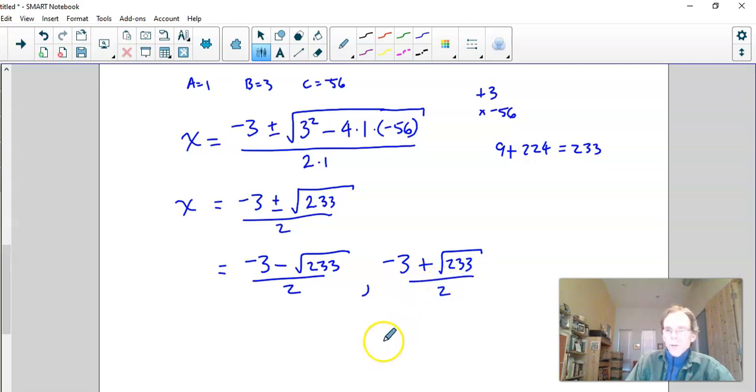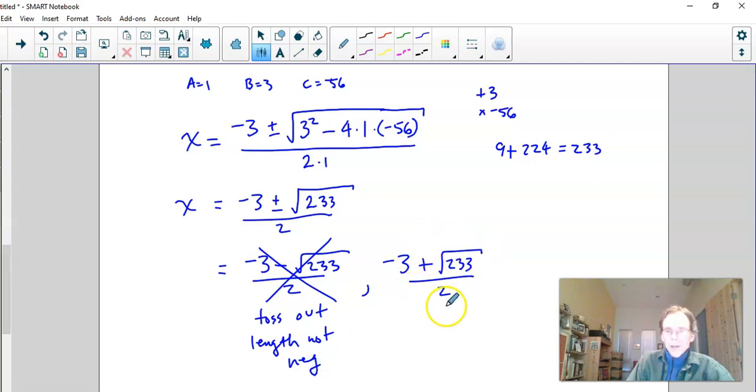So we're looking for the length of the side of a triangle, so a negative number isn't going to work, right? So I'm going to toss this one out. Negative 3 minus square root of 233, that's negative, divided by a positive, that's negative. So we're going to toss this out because length is not negative.